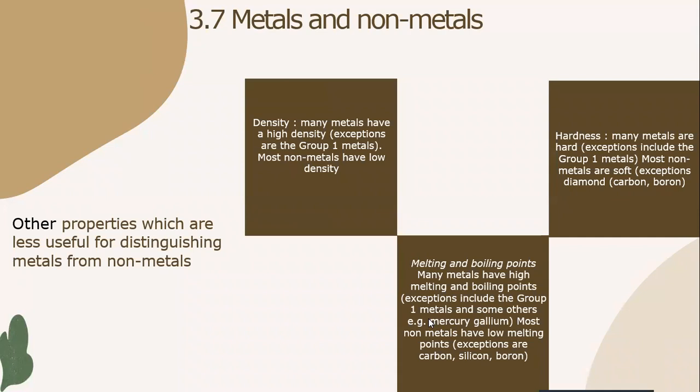Exceptions include the group 1 metals and some others, for example mercury and gallium. Most non-metals have low melting points. Exceptions are carbon, silicon, and boron. In terms of hardness, many metals are hard. Exceptions include the group 1 metals. Most non-metals are soft. Exceptions are diamond, carbon, and boron.